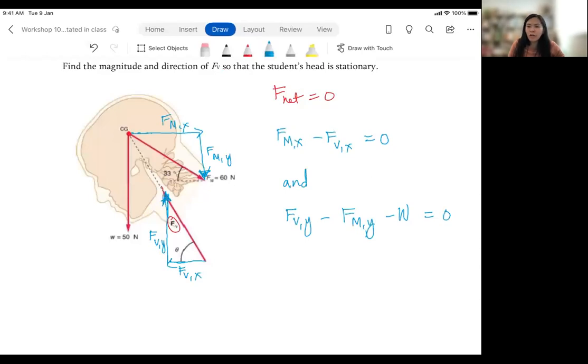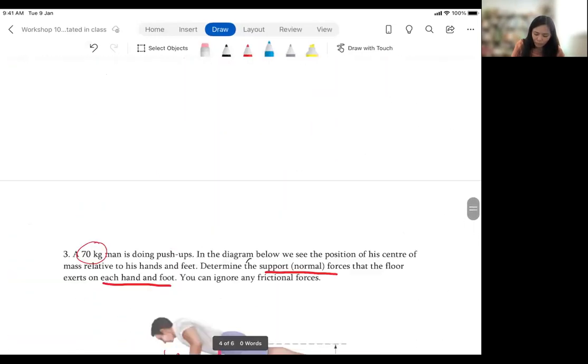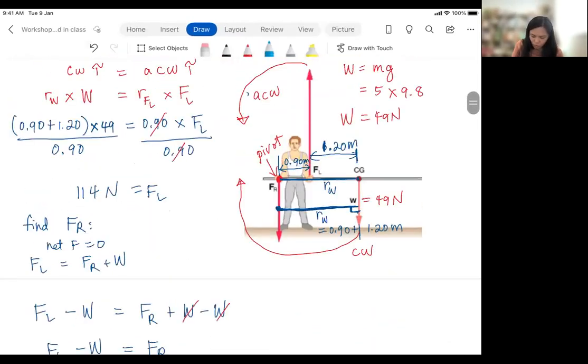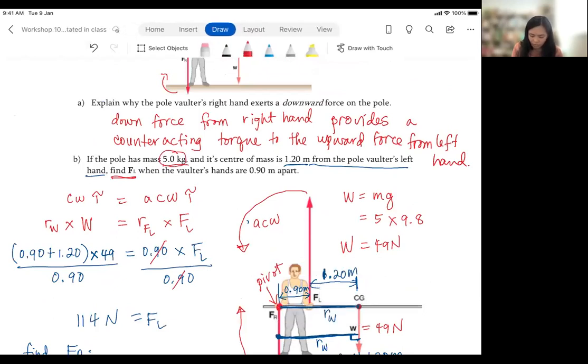How do you decide how many significant figures to include when recording your answer? You decide by looking at the smallest number of significant figures that's given. For example, in question 1, we're given 5.0, which is 2 significant figures, and 1.20 meters, which is 3 significant figures.